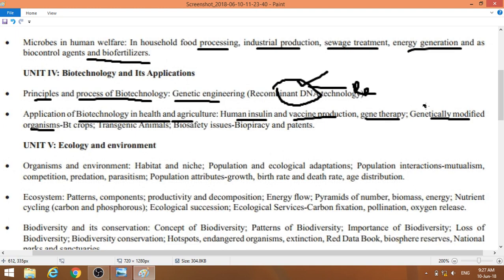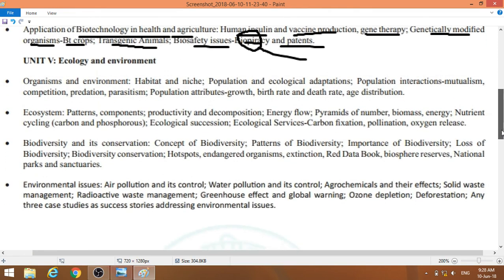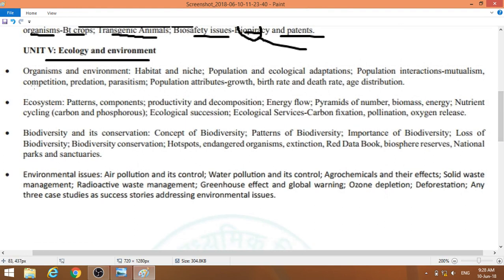There was a question from here regarding the committee which approves the genetically modified organisms. BT cotton, transgenic animals, biosafety, biopiracy. There was a question from biopiracy. What is biopiracy? And patents.